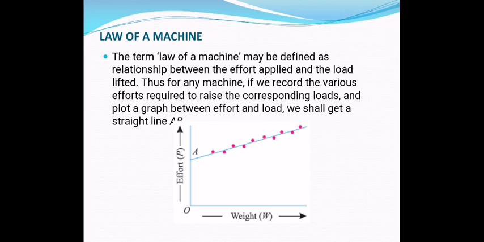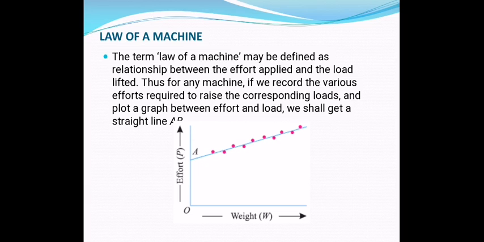Law of machine. What is the law of machine? The term law of machine may be defined as the relationship between the effort and the load. So law of machine gives the relationship between effort and load.